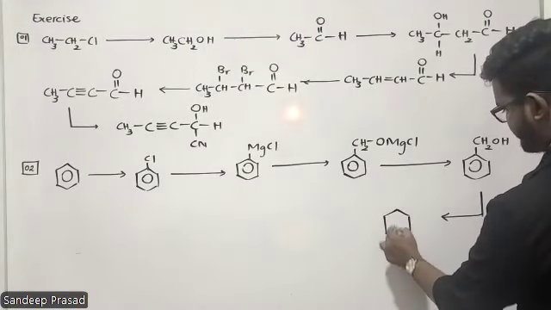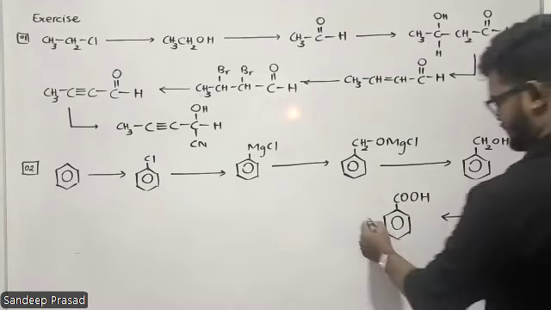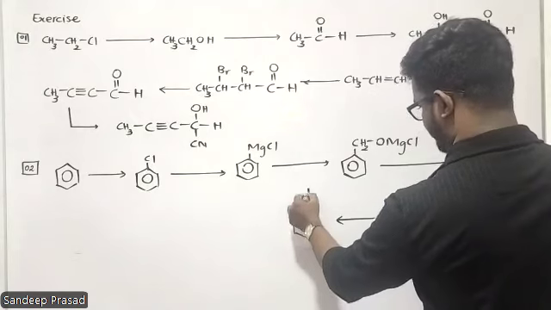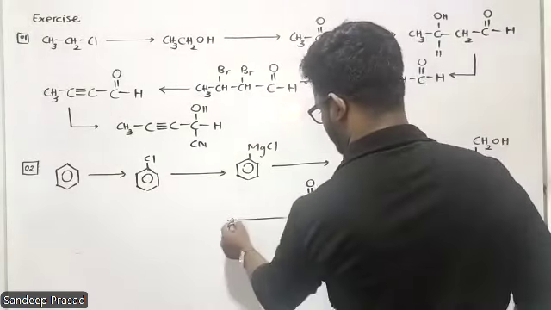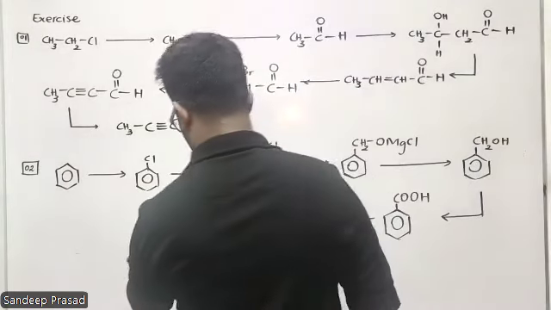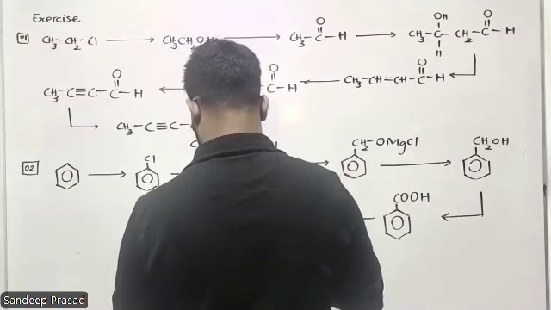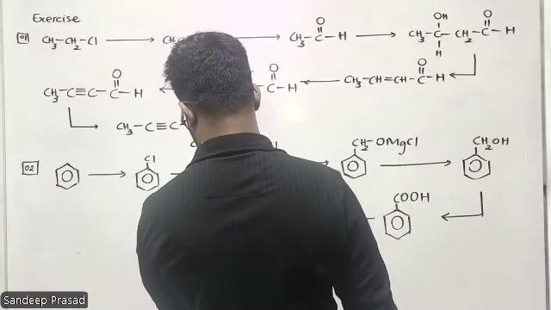We can produce benzoic acid after addition of a reagent. Benzoyl chloride is produced. And an amide like this is produced.